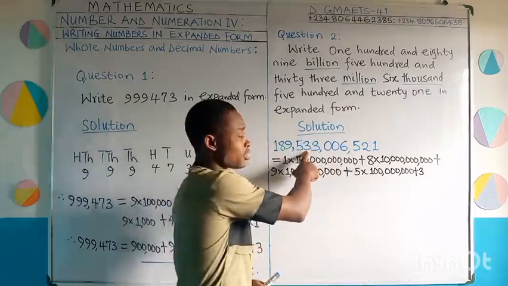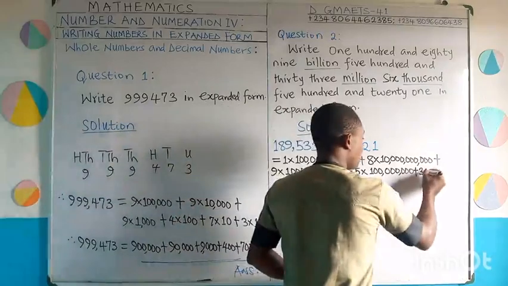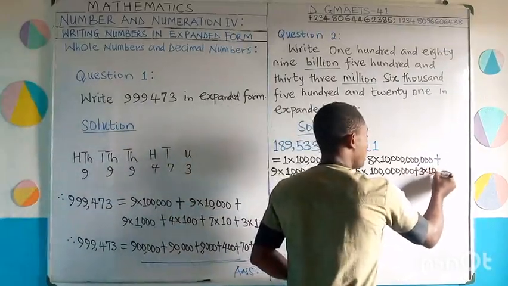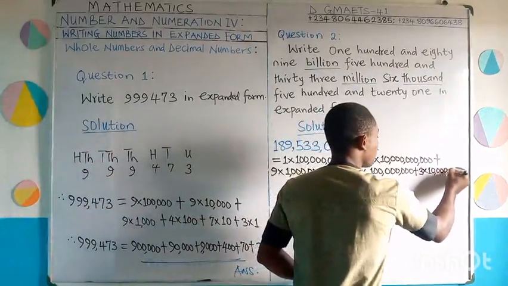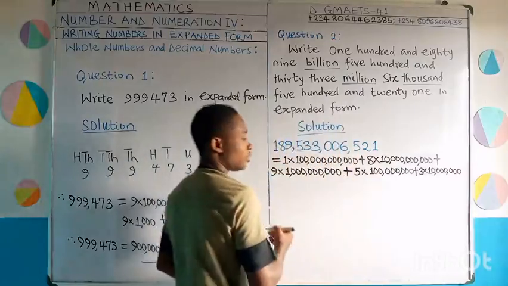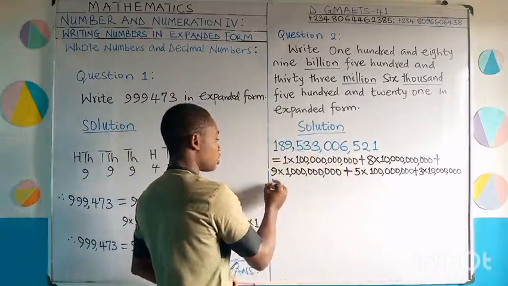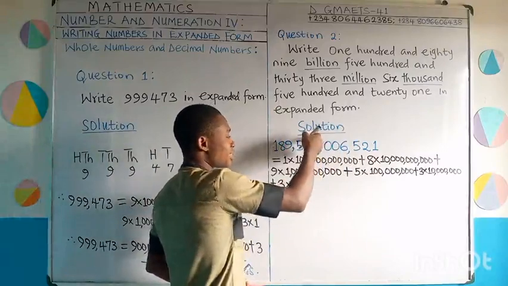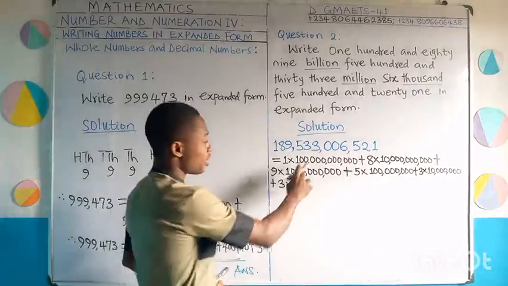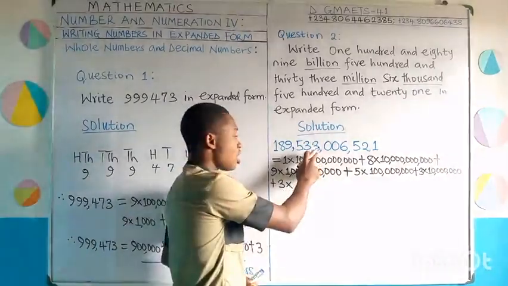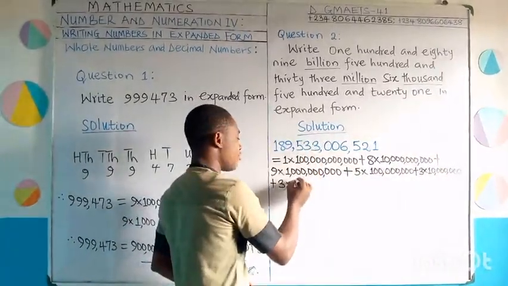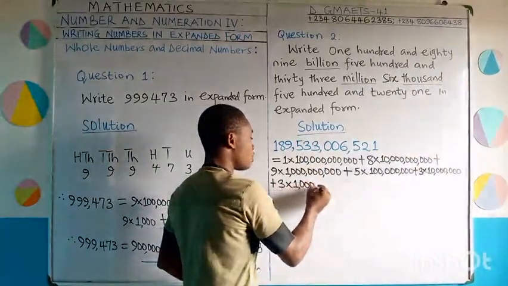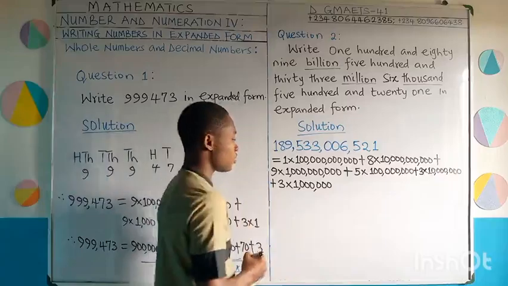This 3 is under tens of million, and the standard value of tens of million is 10 and then you attach 6 zeros. So this is 10 million. Alright, plus the next one is this 3. We pick it and multiply it by the standard value of that place value. This 3 is in unit of million, or simply million, and the standard value is 1 million. So you write 1, attach 6 zeros.